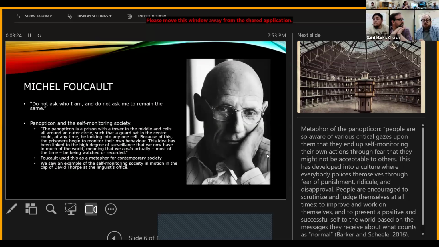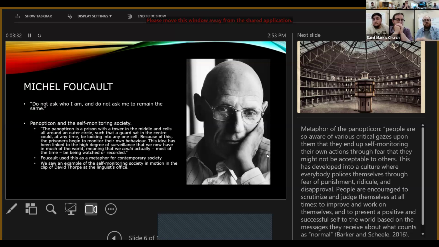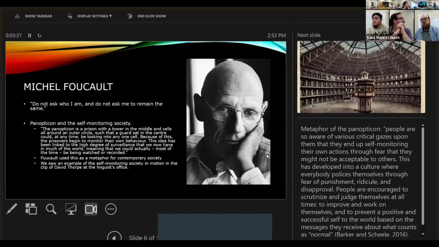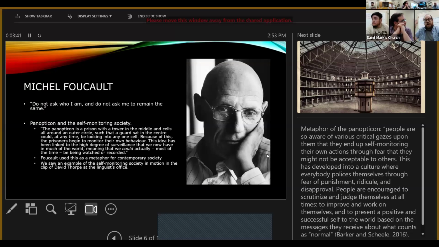Because of this, the prisoners begin to monitor their own behavior, because they don't know when the guard is going to be looking at them. Foucault linked this idea with the high degree of surveillance that we now have in much of the world, meaning that most of the time we could be watched or recorded. So this was sort of a metaphor for contemporary society.